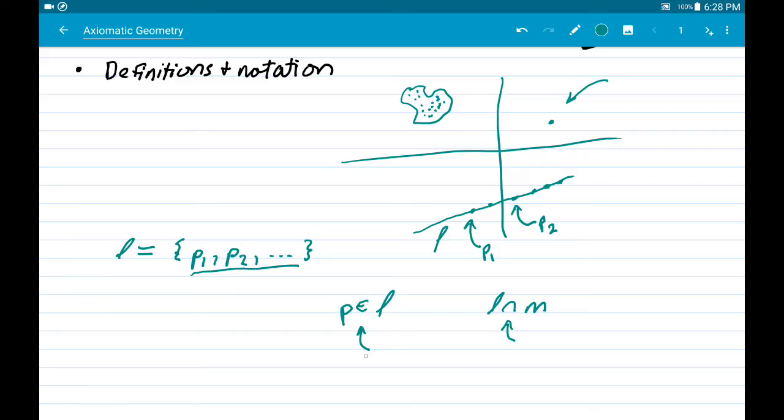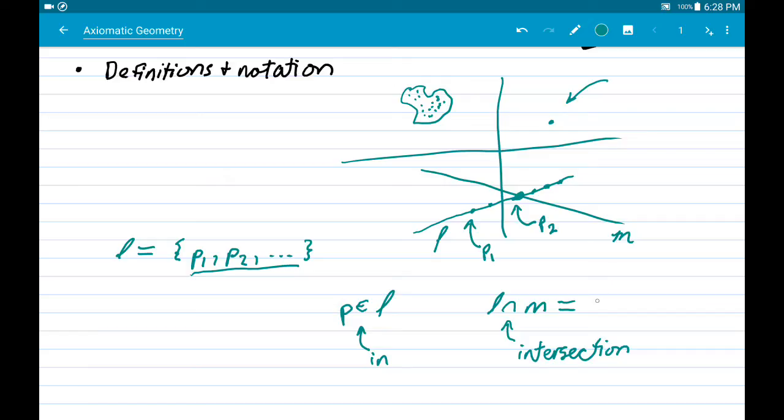That's the intersection of two sets, and it's the set of all points that are common to both. So if I had a second line coming this way, and that's my line M, then maybe P2 is the unique point that is in both of them.